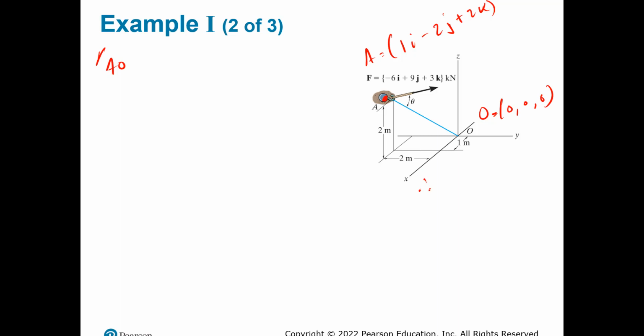Therefore, our AO will be equal to 0 minus 1, it's minus 1i plus 2j minus 2k. And that's my position vector right here.